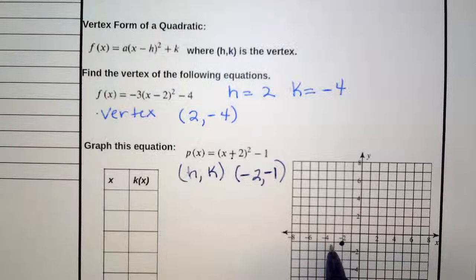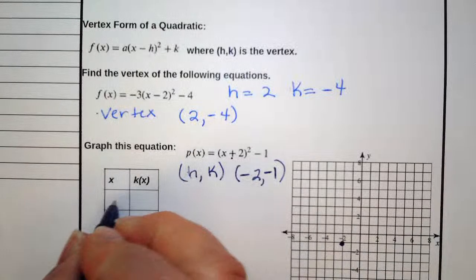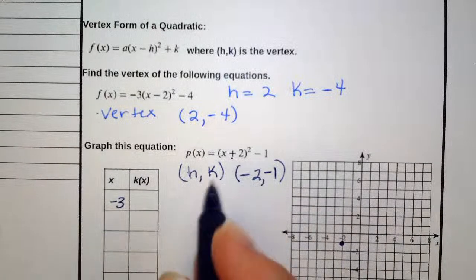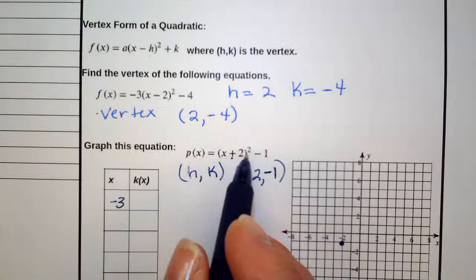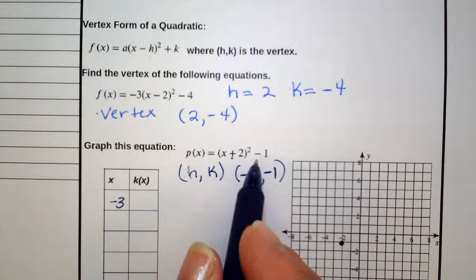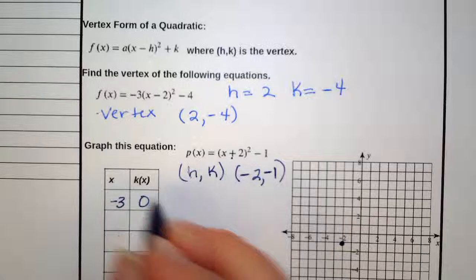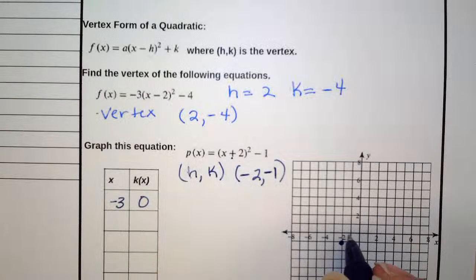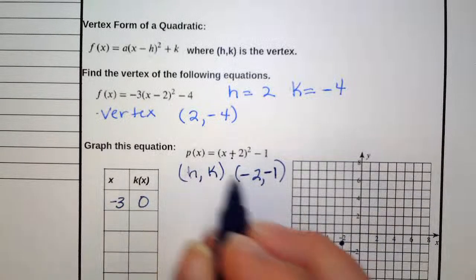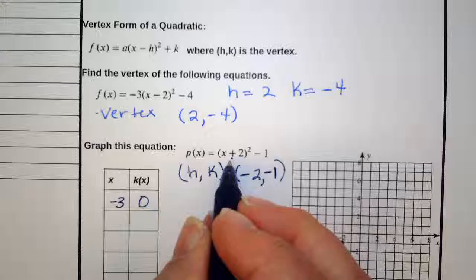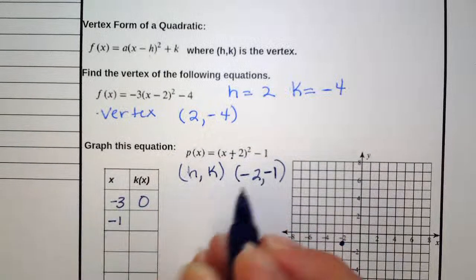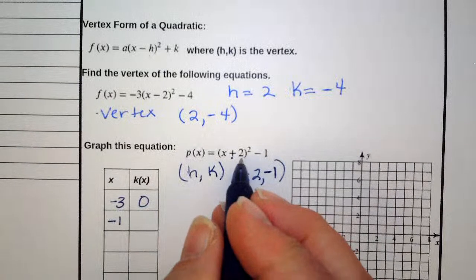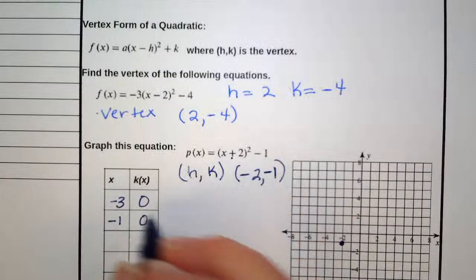What if I use -3? -3 plus 2 is -1. -1 squared is 1. 1 minus 1 is 0. What if I go to -1? -1 plus 2 is 1. 1 squared is 1. 1 minus 1 is 0.